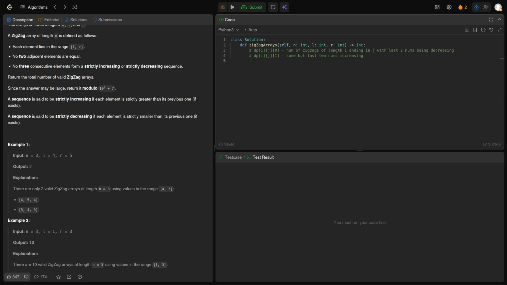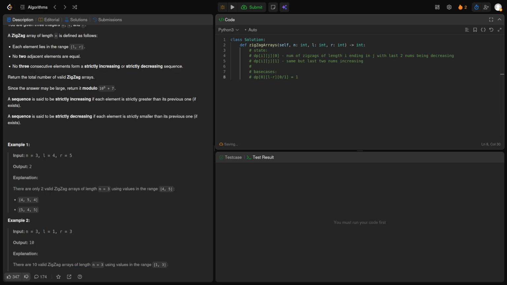Because if we have just one or two elements, then we don't really care about direction. So for the base cases, I would say dp[0] for L to R, states 0 and 1, are all one.